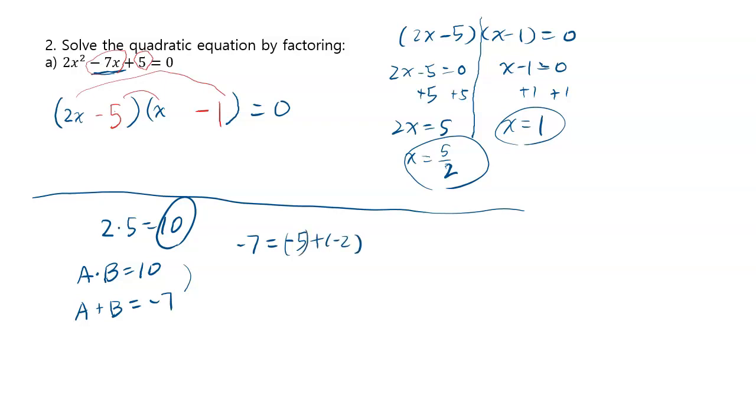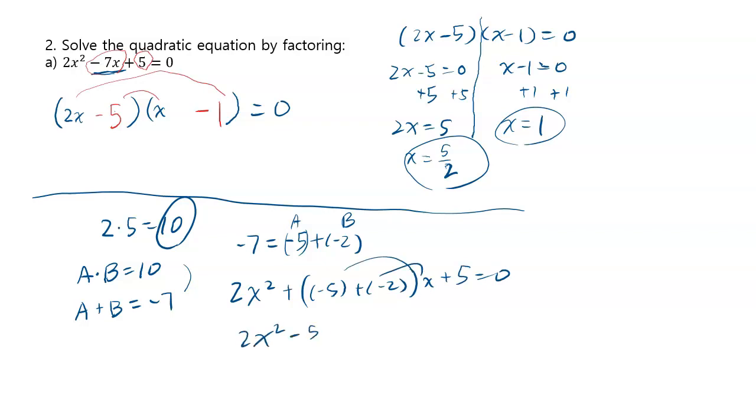Just like that. Okay. Once you have identified what your A and B must be, then you want to replace the middle term, so 2x squared plus negative 5x plus negative 2x plus 5 equal to 0, and then you multiply, and you get 2x squared minus 5x, and then minus 2x plus 5.